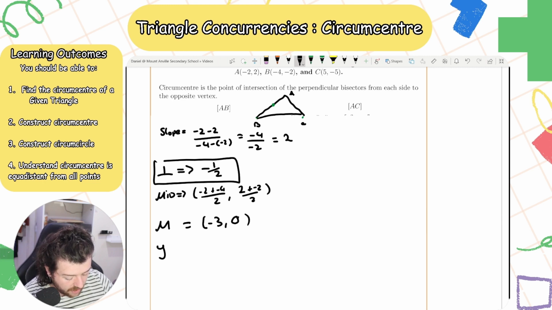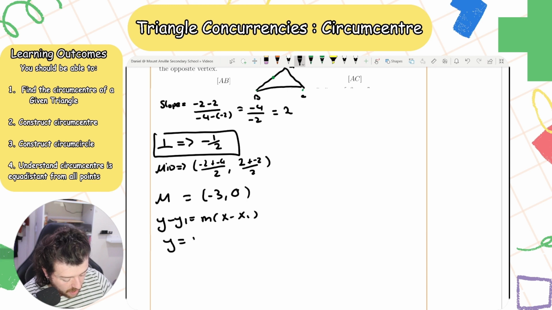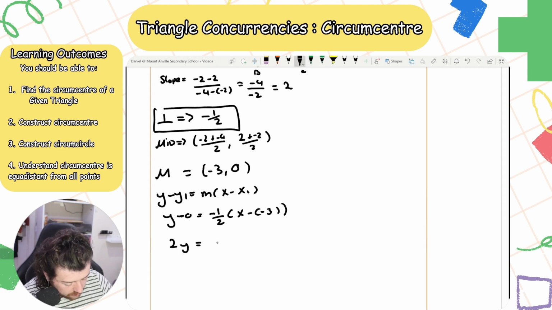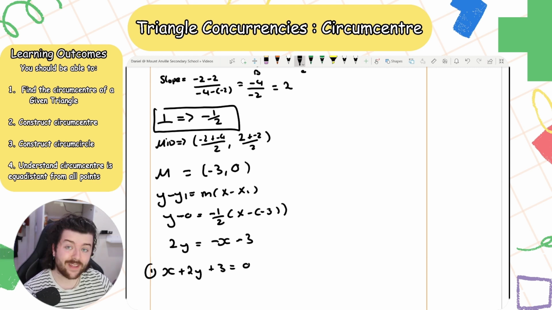So let's find the equation of my line. y minus y1 equals m times x minus x1. My point is (-3, 0). So I have y minus 0 is equal to -1/2 times x minus negative 3. 2y is equal to -x, then that's positive 3, but multiplying it by -1, so it'll be a -3 there. Bring it all over to one side: x plus 2y plus 3 equals 0. That is my first equation of the line.